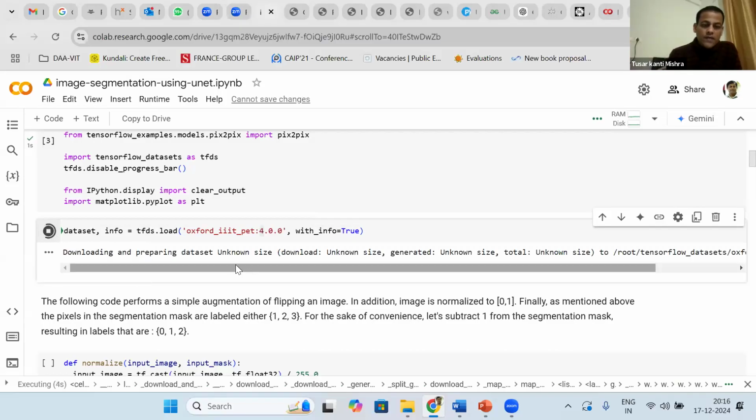Now it is downloading and preparing the dataset. It will take a bit of time. Suddenly the internet speed also, I don't know what. Yeah, still doing it.